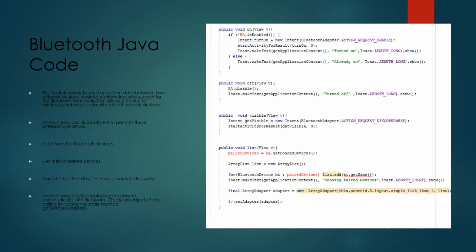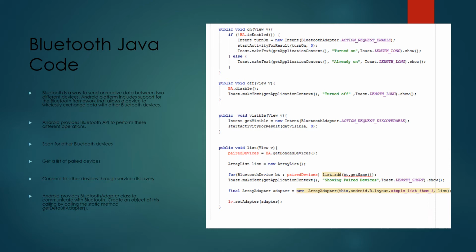Bluetooth is a way to send or receive data between two different devices. The Android platform includes support for the Bluetooth framework that allows a device to wirelessly exchange data with other Bluetooth devices, such as, in my case, the Arduino Nano, which is connected to the Cisco switch or router. Android also provides a Bluetooth API to perform these different operations.